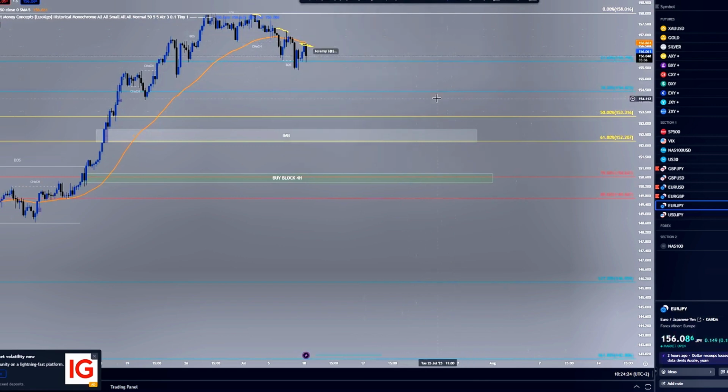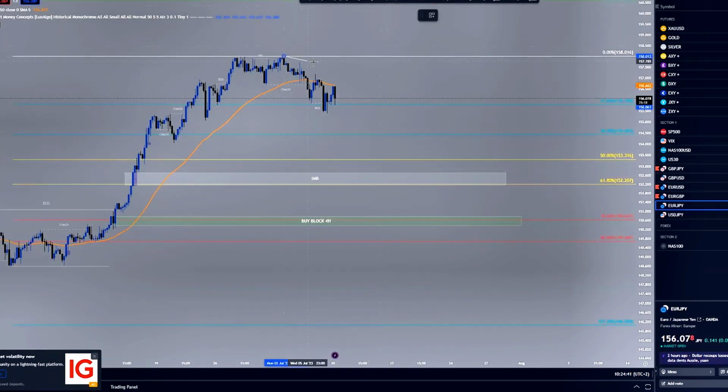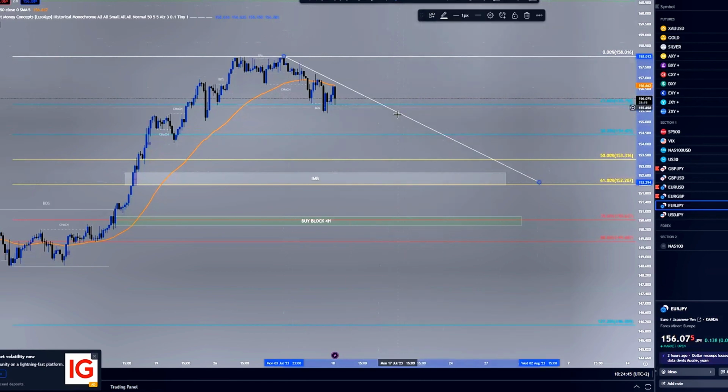Yeah. So using it as resistance almost, and this is interesting. We got a little downtrend forming here. And it's actually looking quite sweet. I'm gonna dive into this one later. I'm gonna see if I can find a nice sell opportunity for us.